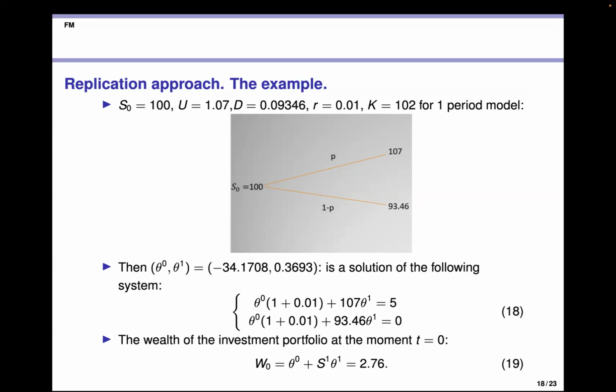If we compute the wealth of the investment portfolio at the moment t equals 0, the initial value of the portfolio, then this value coincides with the fair price of the call or put option. So it's like a rule, we deduced this rule.